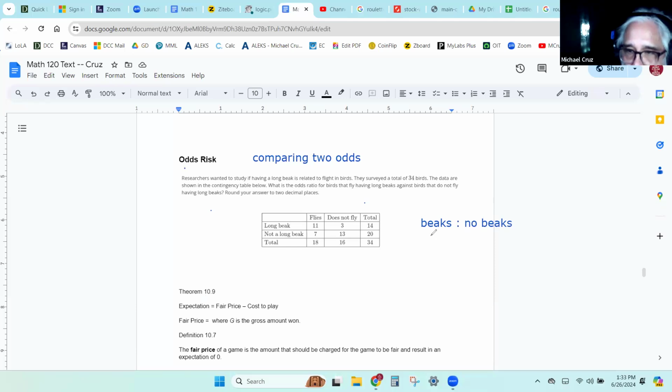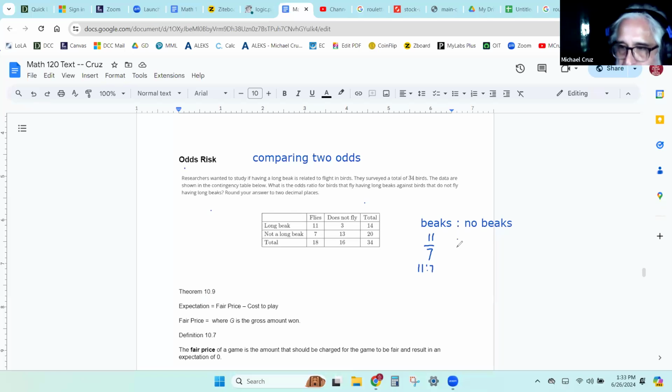There are 11 long beaks in the fly group, and then not a long beak, 7. So remember, that is a ratio. I mean, that is an odd, in other words. But I'm writing it like that because we have to divide them in order to do the proportion. That's what that means.